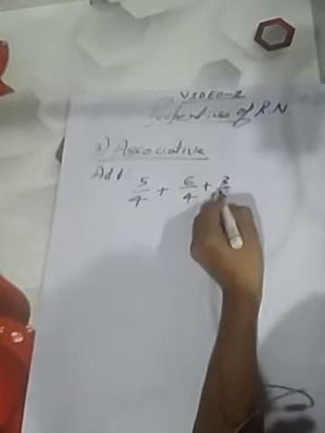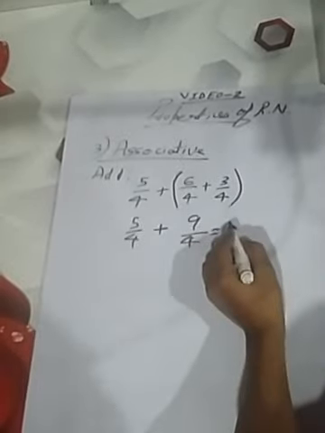Now the next property is associative property. Let's check for addition. What is the associative property? For rational numbers I am taking. See, I have taken 3 rational numbers.